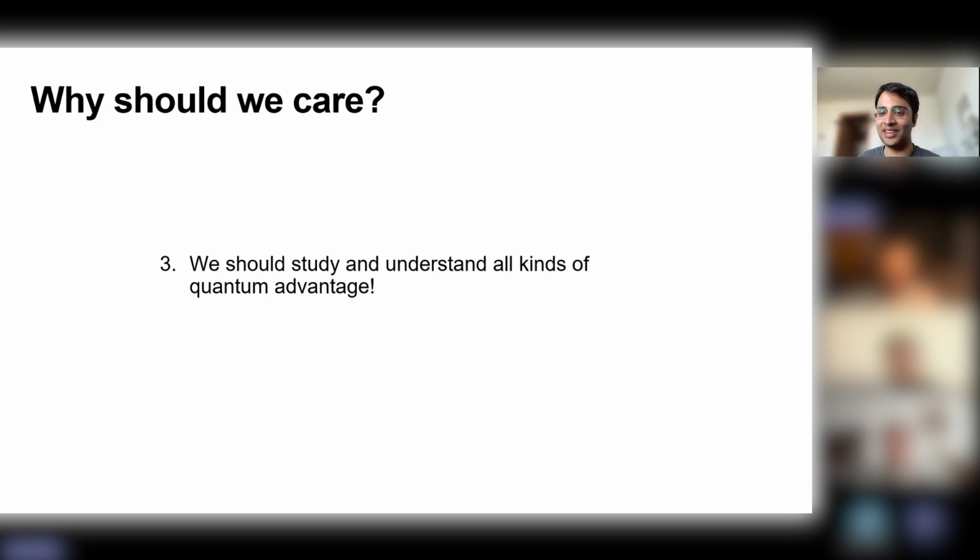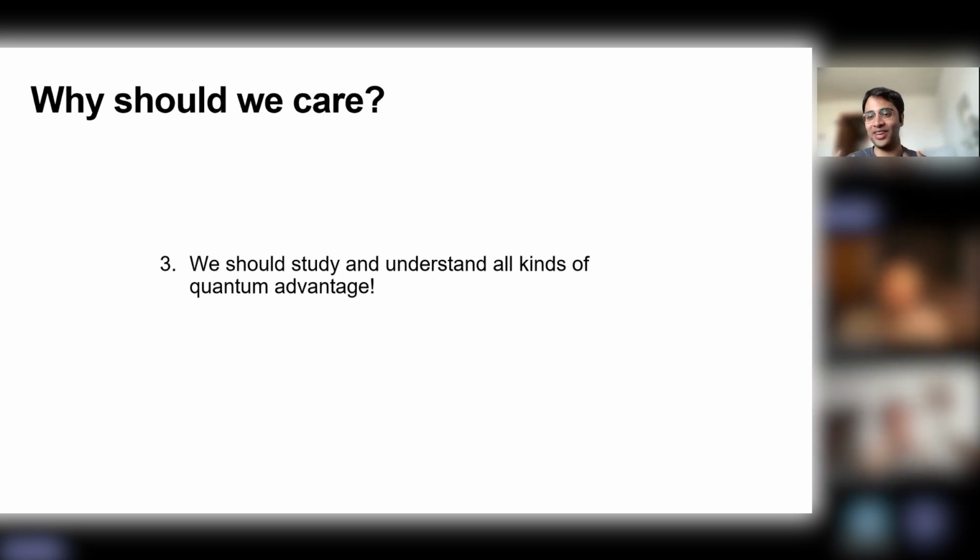Thank you. Right, and the third thing is my main reason, which is that it is this interactive setting that is fundamental in complexity and in cryptography, and we should study and try to understand all kinds of quantum advantage. This is a very natural form, and given that it is not captured at all by the question of BQP versus BPP, that it is something different, we should seek a deeper understanding of it. And I want to add, this is not some artifact of some weird crypto thing. This is a meaningful kind of advantage.